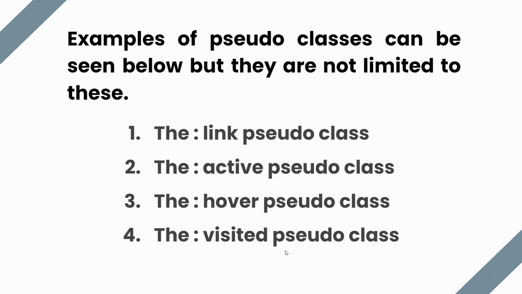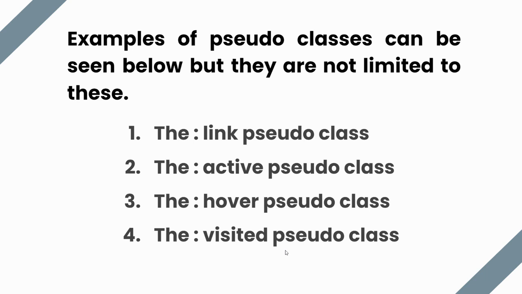And when you do your personal research, you would also see that some particular pseudo elements have their pseudo class counterparts. For instance, the first-line pseudo element we saw before also has a first-line pseudo class. So that's how the pseudo elements and the pseudo classes appear.